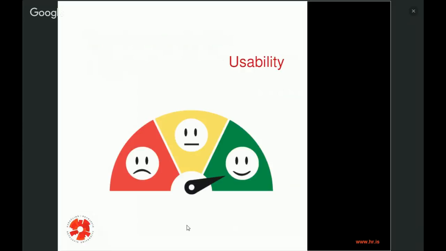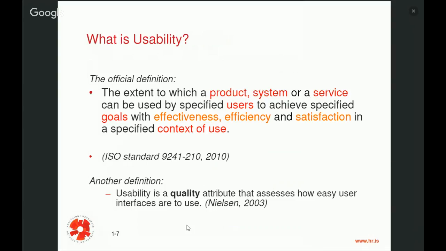So usability, it is defined this way. And hopefully many of you know this. This is from Greining og Hönnun. This is from the ISO standard 9241, but this was originally stated in another ISO standard in 98.